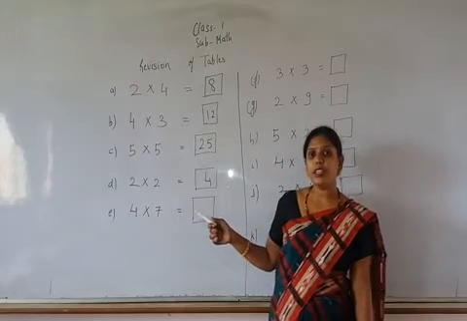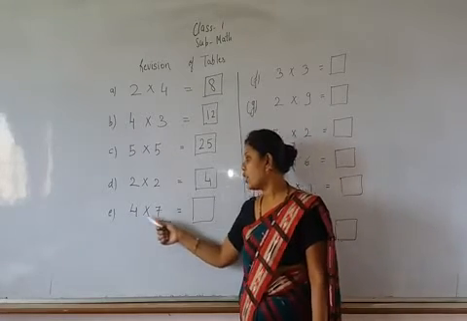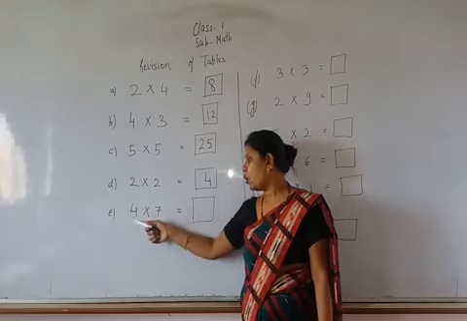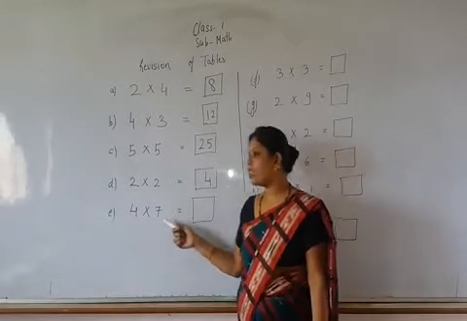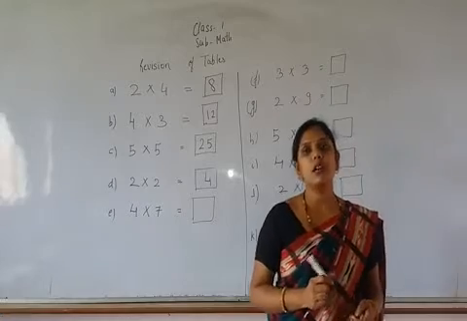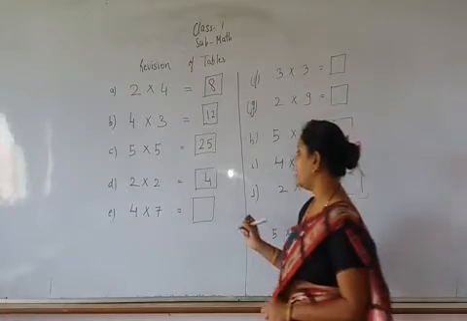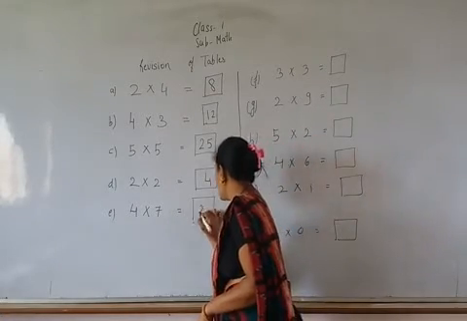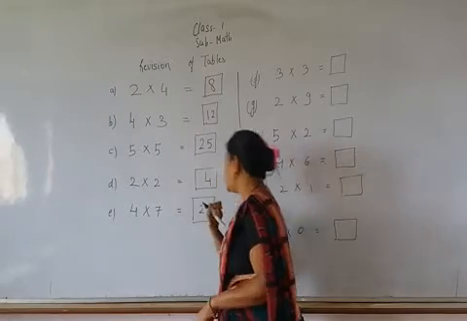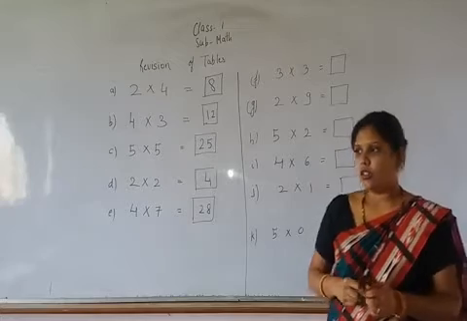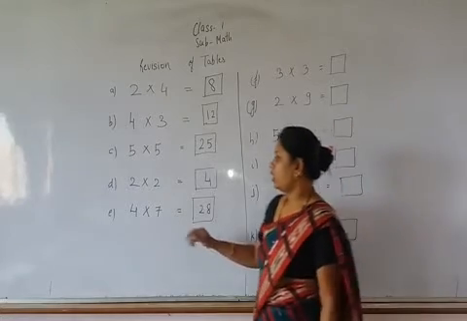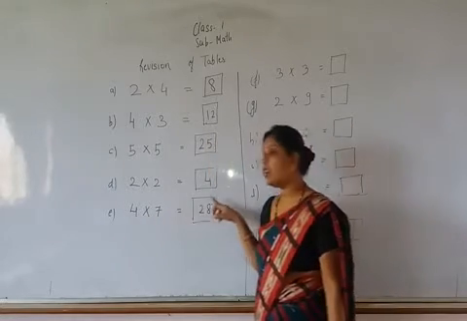And how do we read this question? 4 into 7. And how else do we read it? 4 7s are 28. I hope all the students are writing. All are writing? Good. So 4 7s are 28.